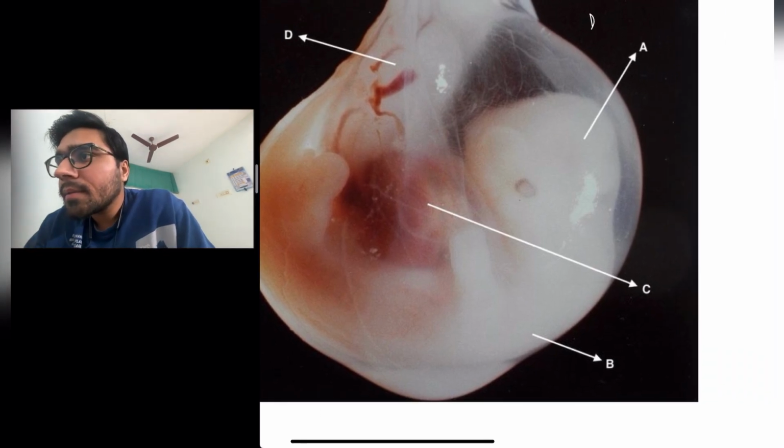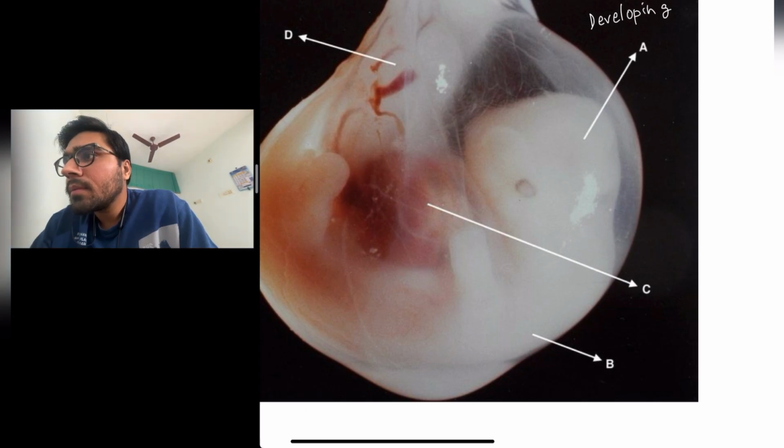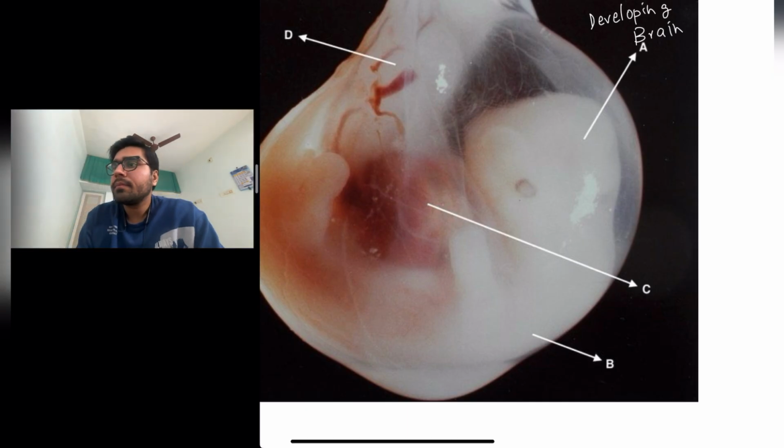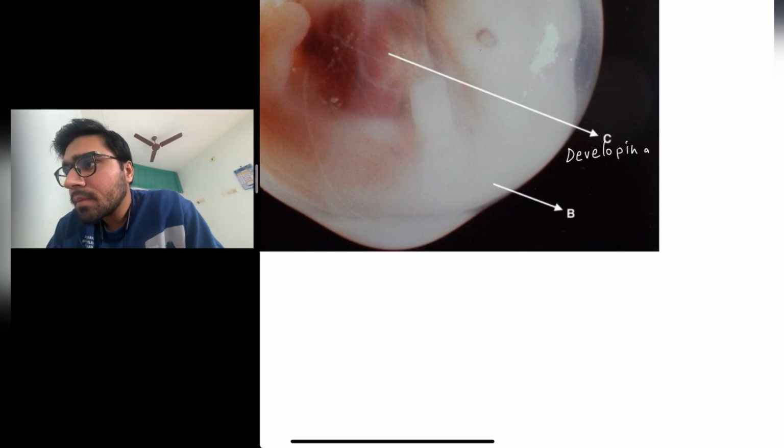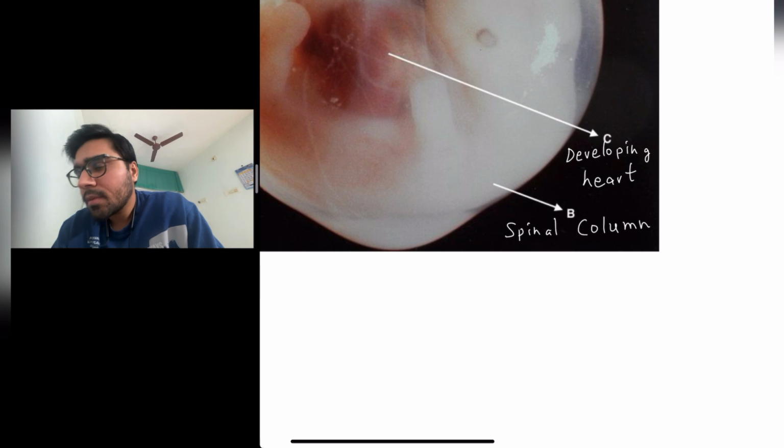There is developing brain. The C is developing heart. The B is spinal column.